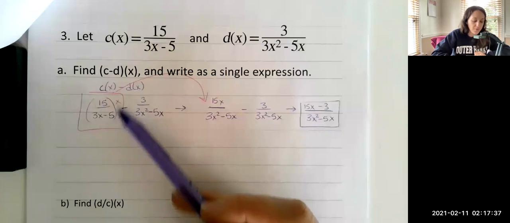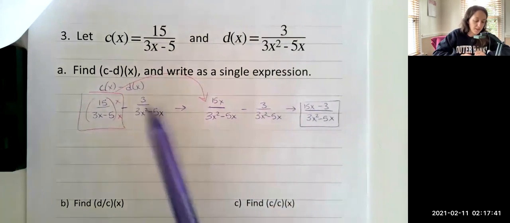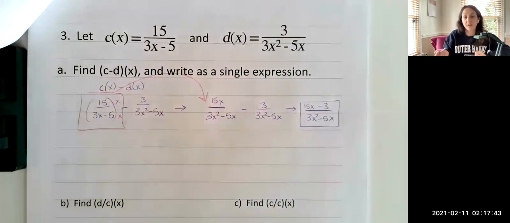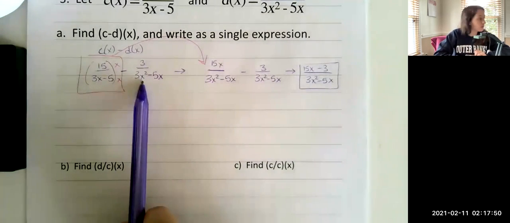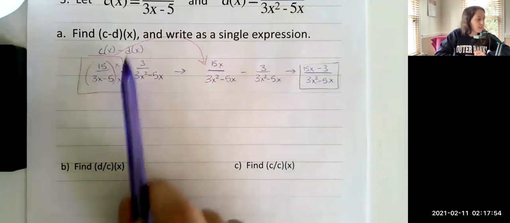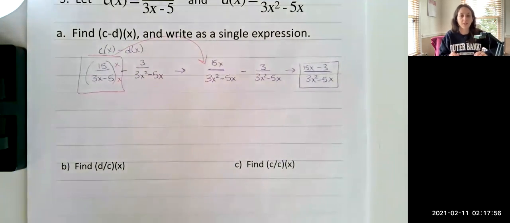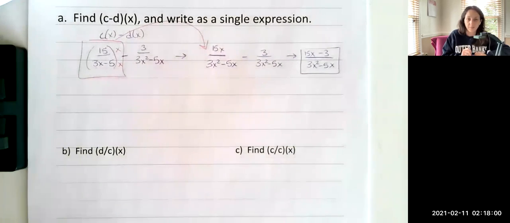This is not something that is explicitly part of this particular unit, that common denominator with a variable, but it's a good skill to have, and it is coming up soon. What matters is that you start the structure of this problem correctly, which is the C function minus the D function. All right, now we're going to go to D divided by C.